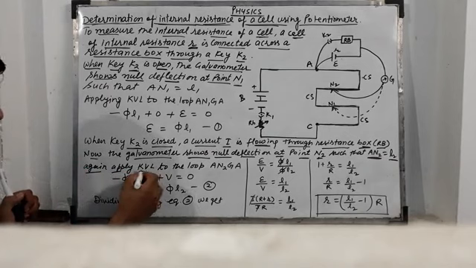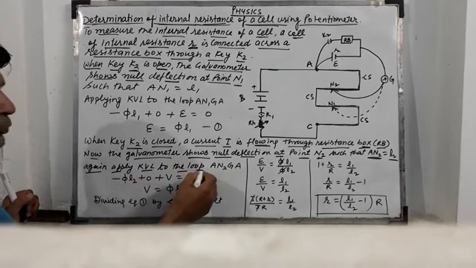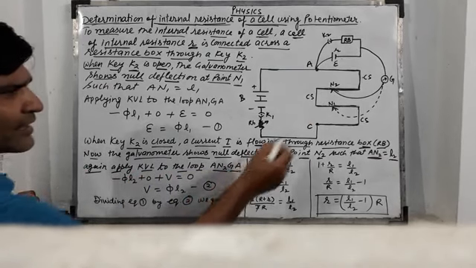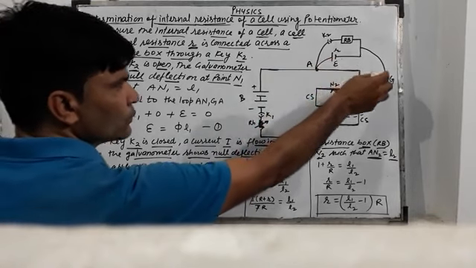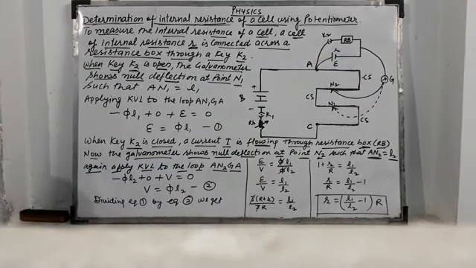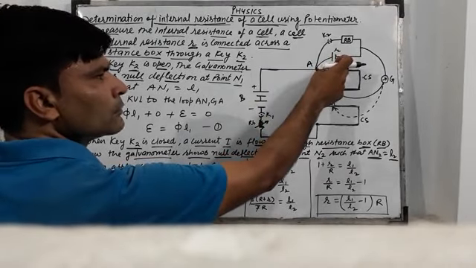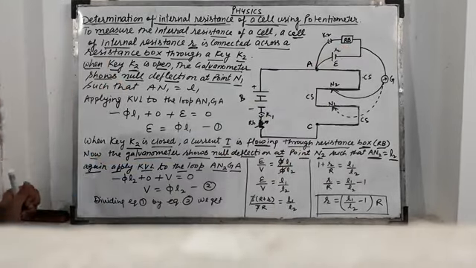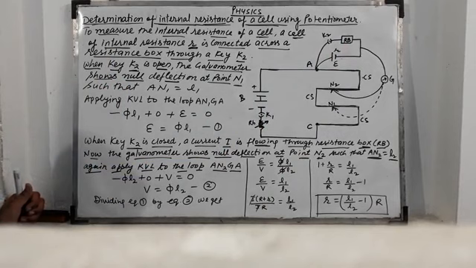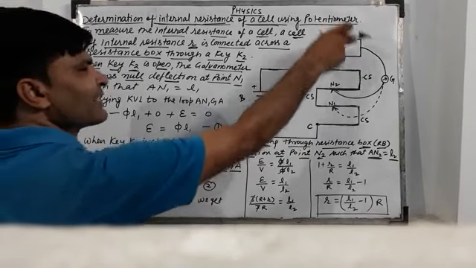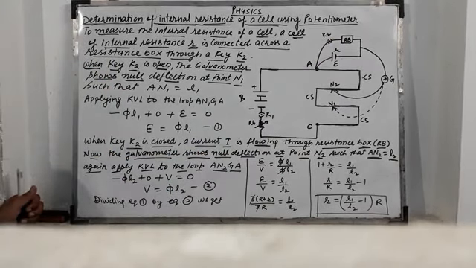Again, apply KVL to the loop A-N2-G-A. In this case, we do not use EMF because current is flowing.